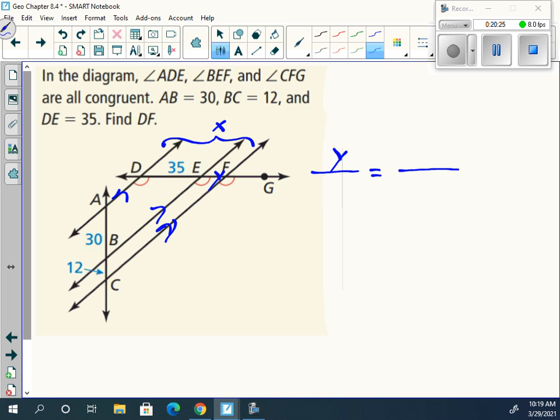Now, how would we set this up? Y over 35 is equal to 12 over 30.